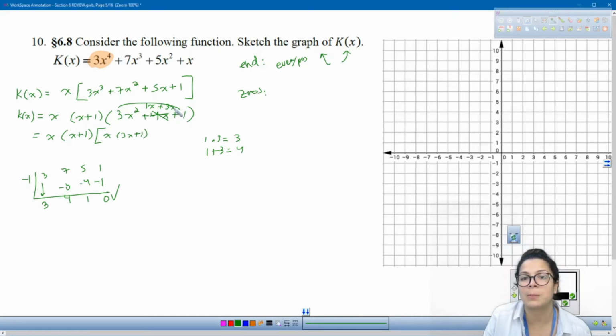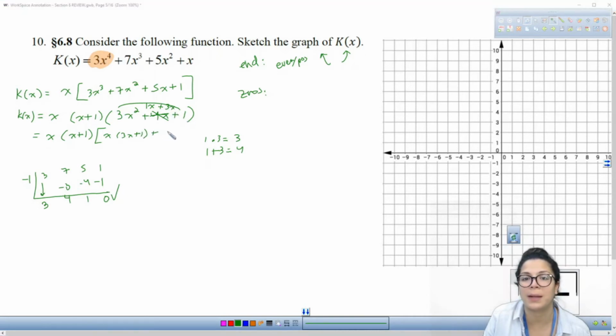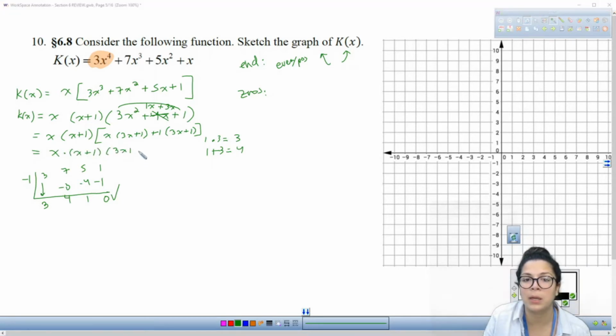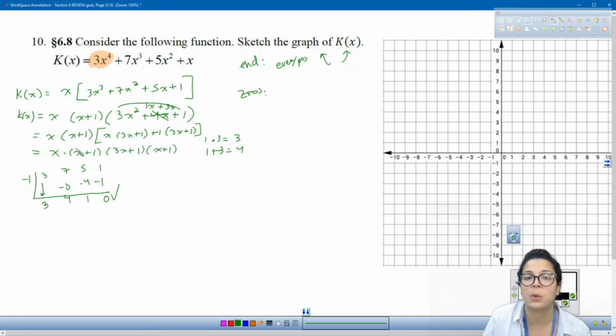And then on the last two, we could factor out a positive 1 as a placeholder, which gives us 3x plus 1. And then we could factor out 3x plus 1. So the final factored version will be x times x plus 1 times, if we factor out 3x plus 1, we get x plus 1. So we actually have x plus 1 twice.